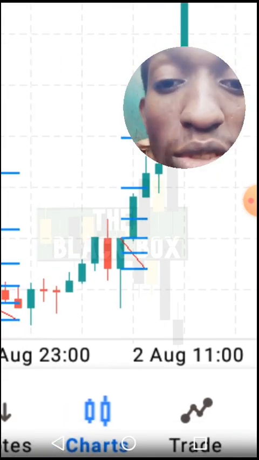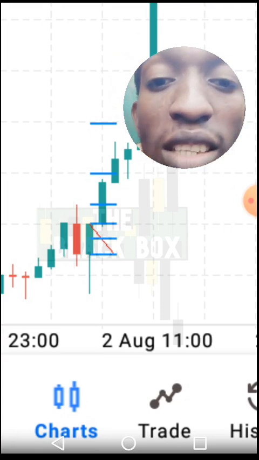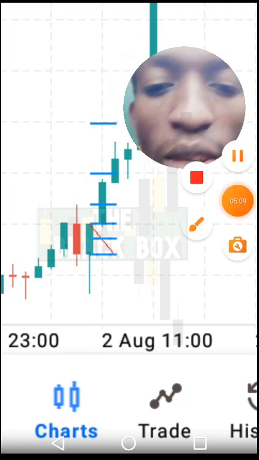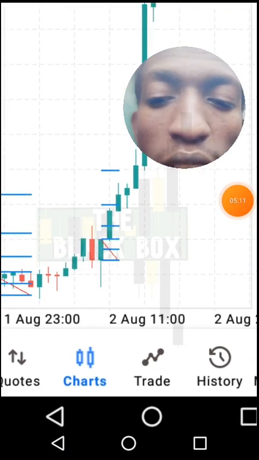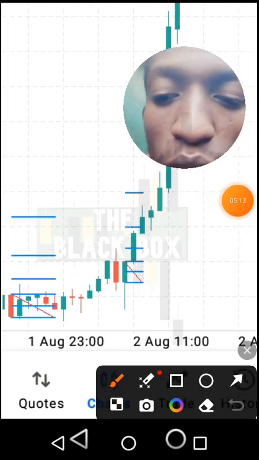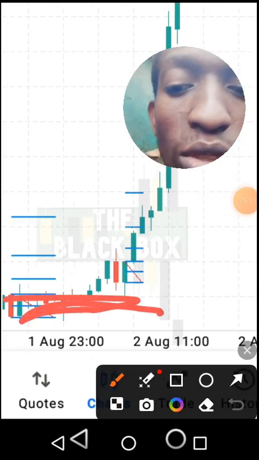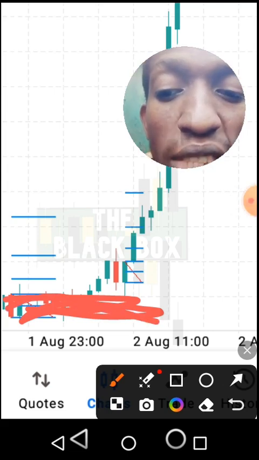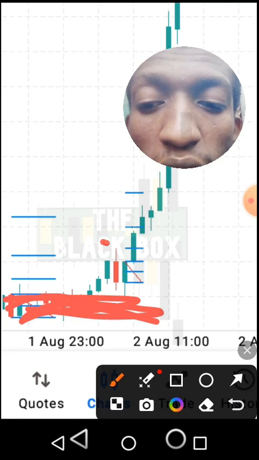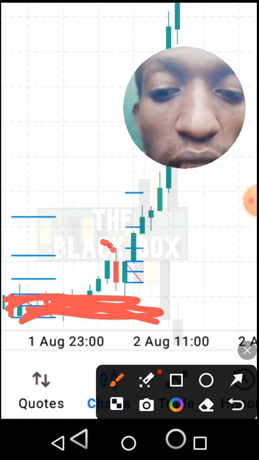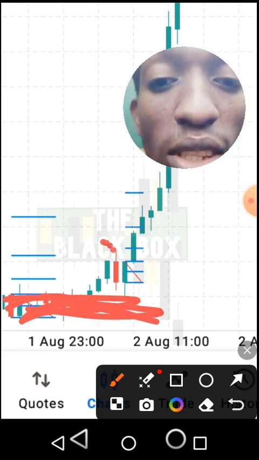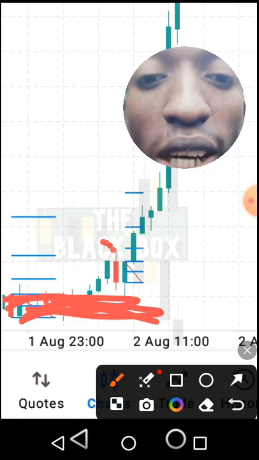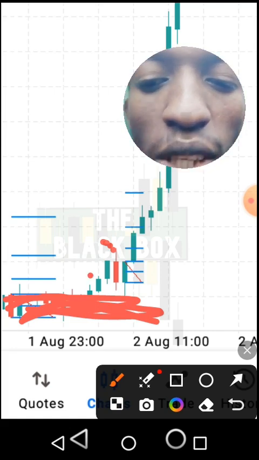We use this grid when we are trading the classical black box, which assumes that this whole thing is a black box, and then we see the grid, and still it didn't break up here. But using the recent black box, the unique two candles black box, we bought down there and we made profit.